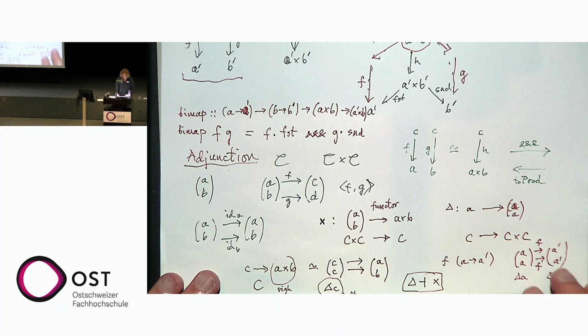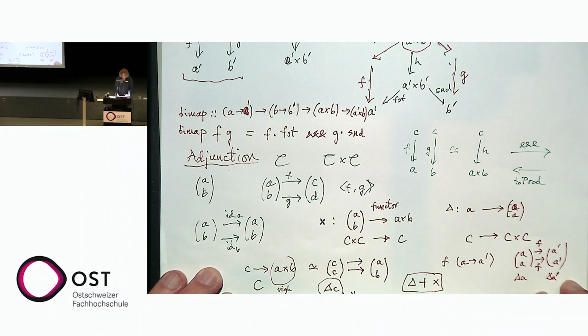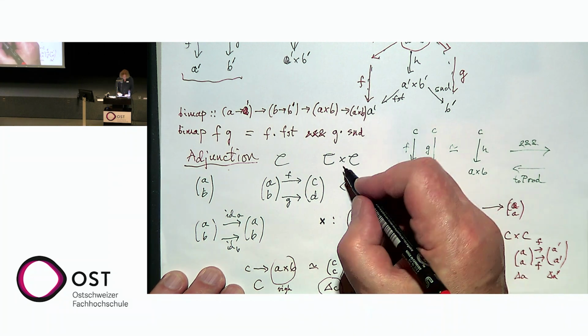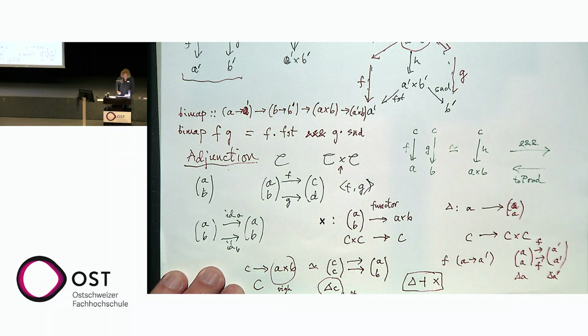Right? So, yes? About the different crosses. There were different crosses, okay? Well, the question is, are they different? So there's cross in A cross B, cross in C cross C, and there's the cross in... Oh, yeah, these are different crosses. This cross is a cross of categories, a product of categories.